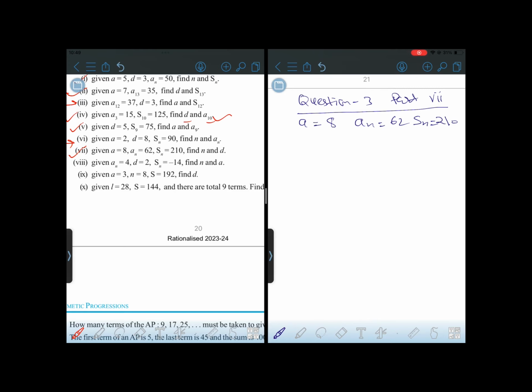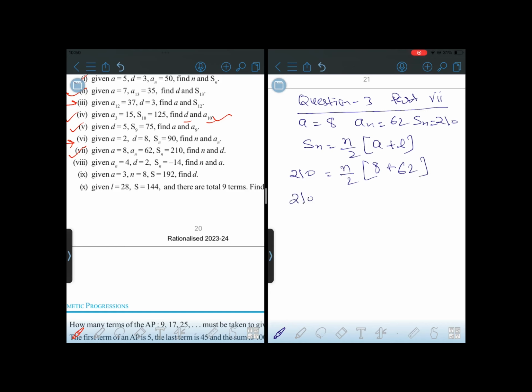Because we are given the first term and last term both, we can use the formula of summation, that is Sn is equal to n by 2 in bracket a plus l. So the value of Sn is 210. We can just put n by 2 here. The value of a is 8, l is 62.